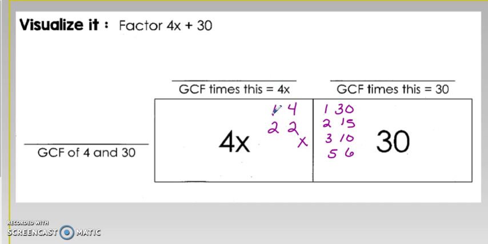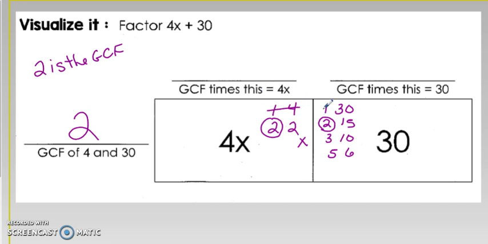I go through and I look at my numbers that I have listed for both, and I look for the biggest number that they have in common. And the biggest number that they have in common is 2. So that means that 2 is the GCF. 2 will go outside the parentheses.